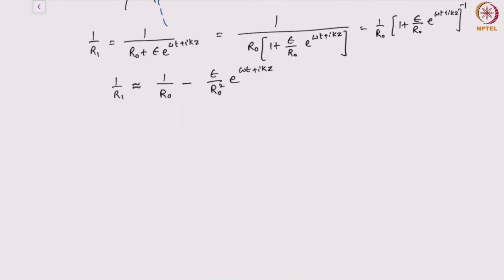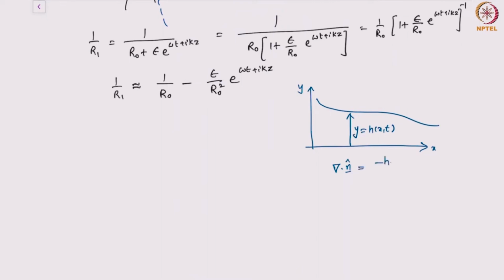Now just recall what we had done earlier in the free surface flow derivation, which said that if I have an arbitrary interface like this in x and y, defined as y equals h of x comma t, we define the curvature for this 2D interface as minus hxx by 1 plus hx square whole power 3 by 2, right?